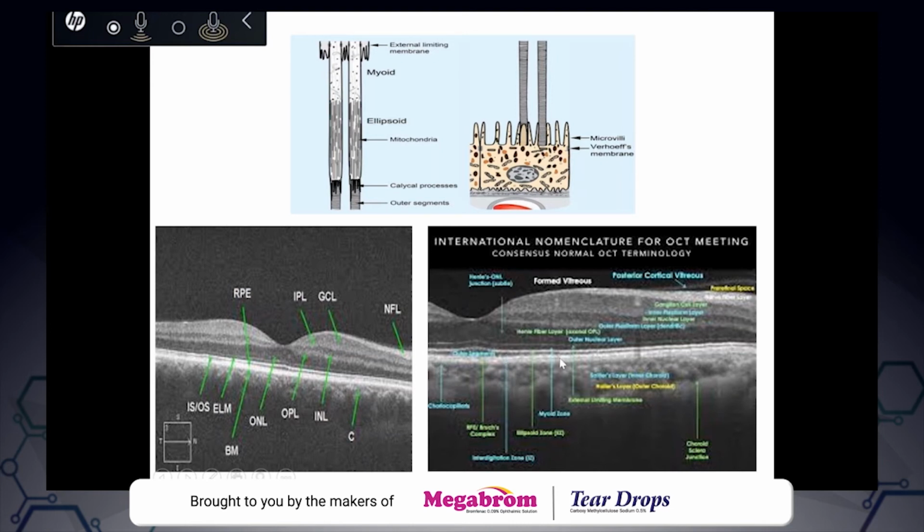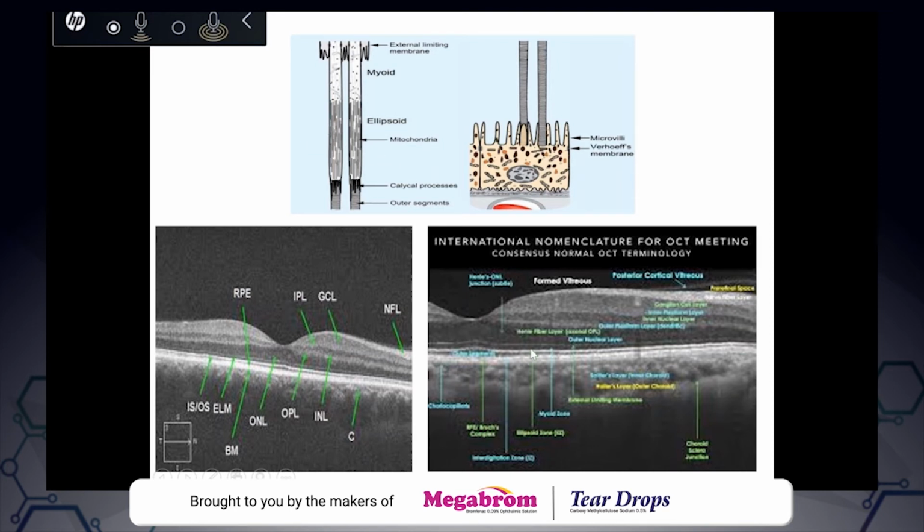And this RPE itself, if you look carefully, is divided into two areas. The first is the interdigitation zone, and this is the RPE. The interdigitation zone is where the photoreceptor outer segments interdigitate with the microvilli of this layer. The ellipsoid zone is the area where there are a lot of mitochondria, a lot of energy production occurring.